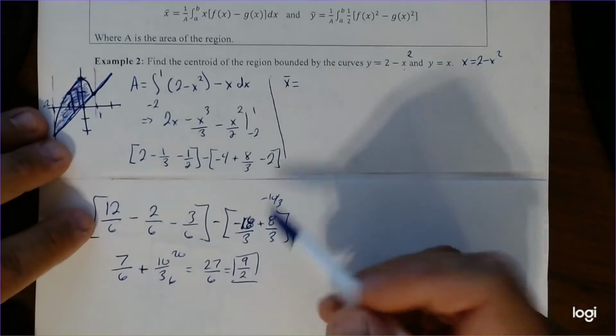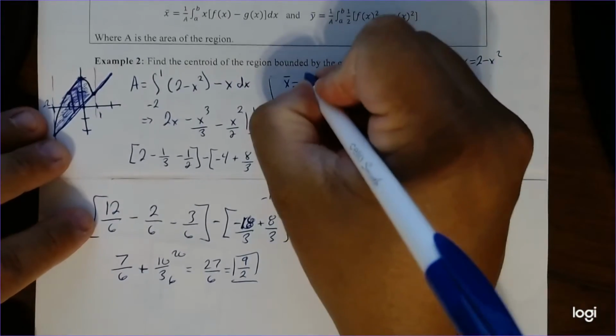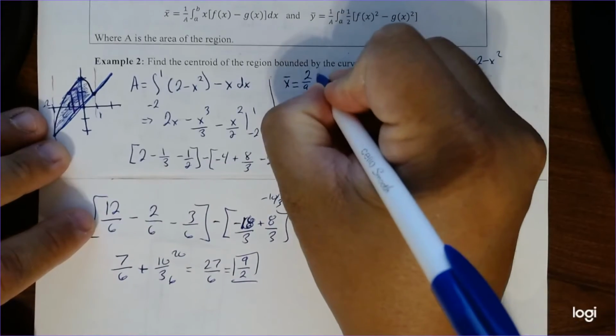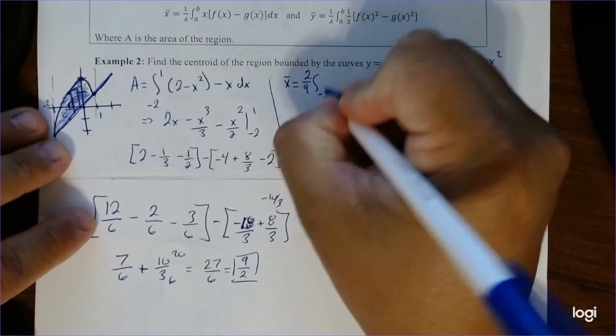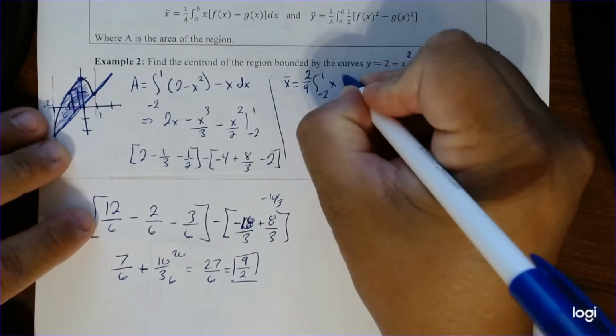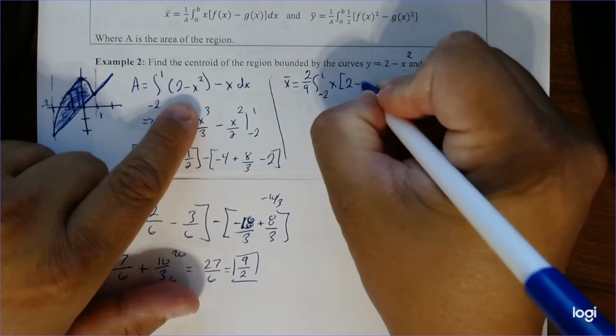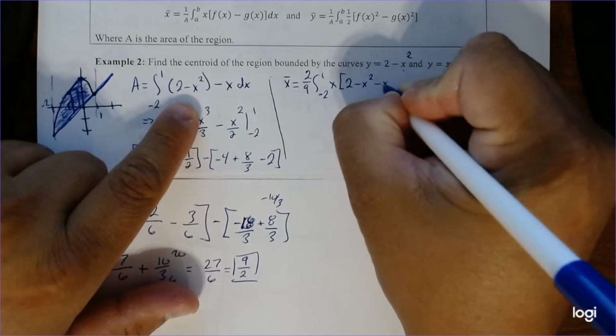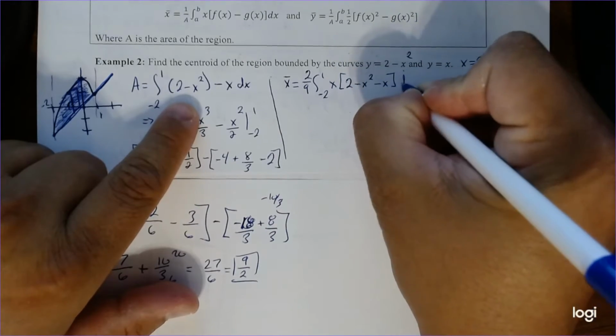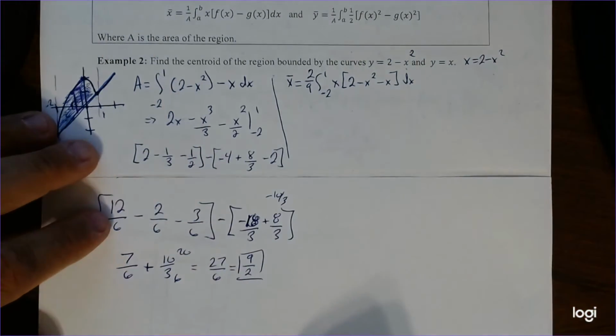So integral of 1 over a, so 1 over 2, so it's just going to be 2 over 9. Integral from -2 to 1, x times the difference. So essentially it's going to be the same thing. Okay. Distribute the x.